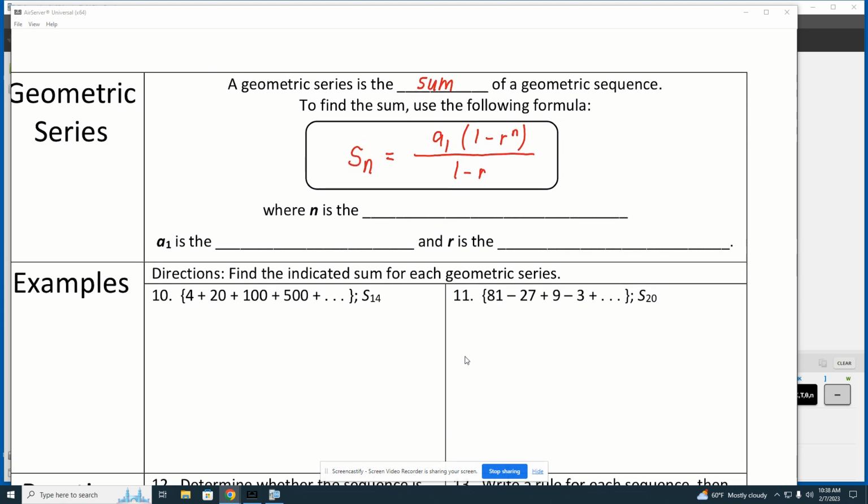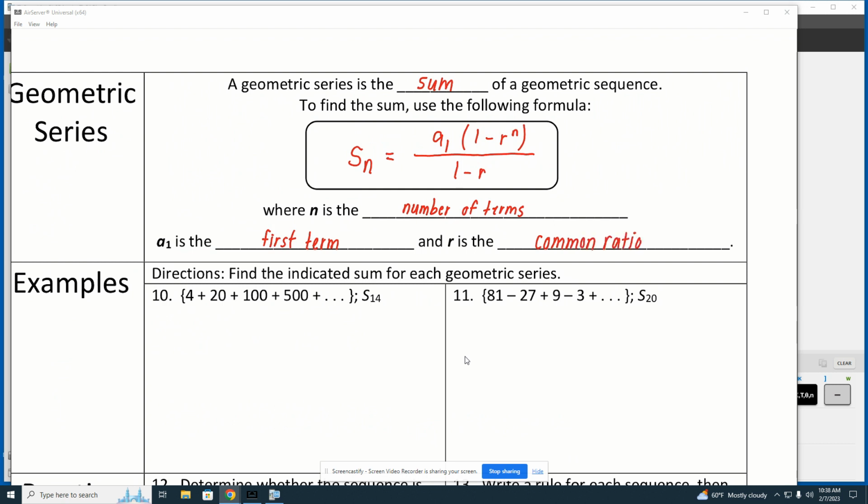Of course, n is the number of terms that you're finding the sum through. A sub 1 has been and will continue to be your first term. And then r is what we talked about yesterday as the common ratio.